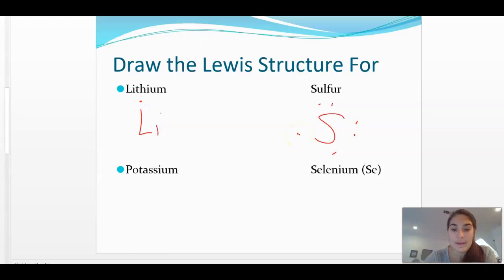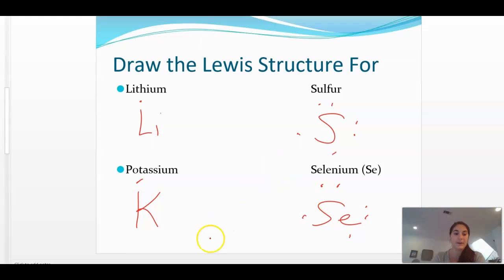All right, and then potassium ends in 4s1, so it just gets its one little dot. Selenium, stop erasing my dots, computer. All right, selenium ended in 4s2, 4p4. So 4s2 and then 4p4. 1, 2, 3. And then just like Hund's rule, we come back and pair it up. Okay, so those are your Lewis dots there.